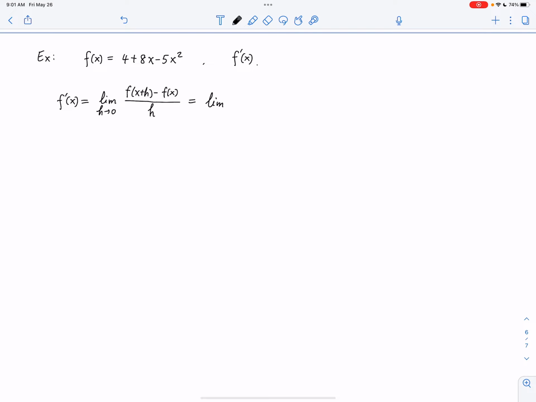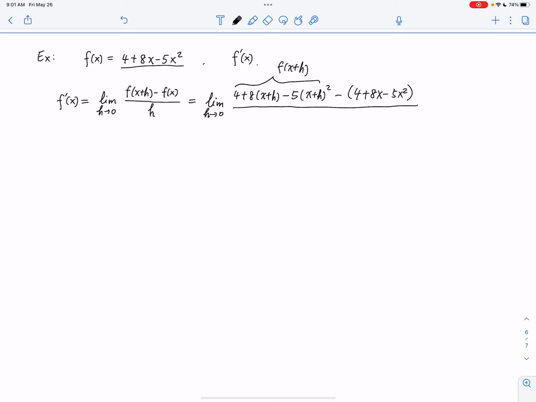Now let's plug in what we know about the function. If you plug in x plus h, you have 4 plus 8 times (x plus h) minus 5 times (x plus h) squared. This is f(x plus h) minus f(x), where f(x) is just that, divided by h.